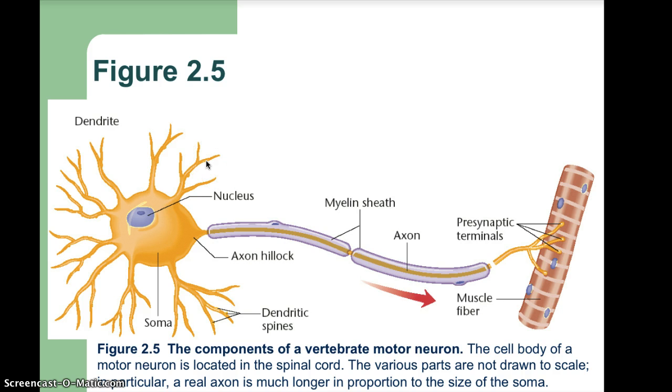and this is where, if information is coming in through the dendrites into the cell body, then everything is going to be determined at that axon hillock right before it goes down the axon, if there's going to be a signal or not.